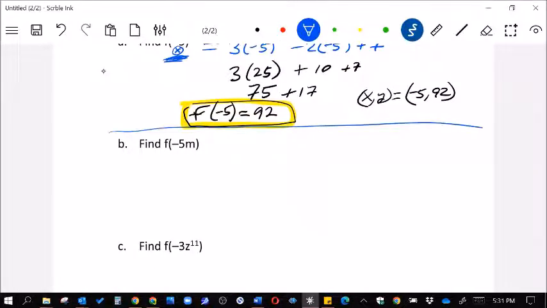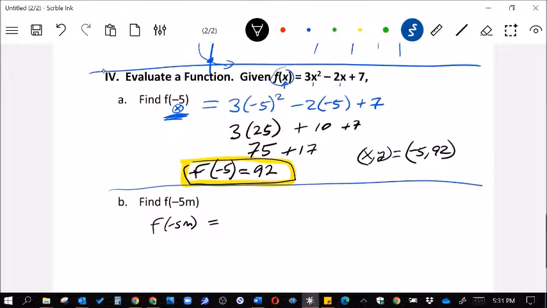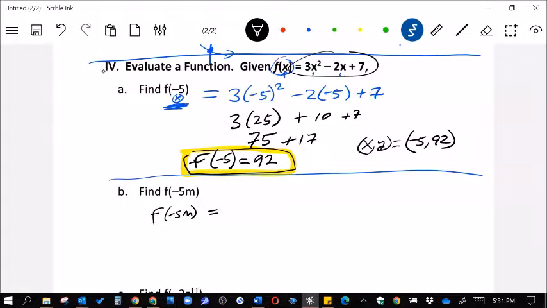So let's do that now with this next one. Okay, so f of negative 5m, and we're going to put it into each of these places. That's going to be 3 times (negative 5m) squared minus 2 times... oh, I forgot to put minus 5.